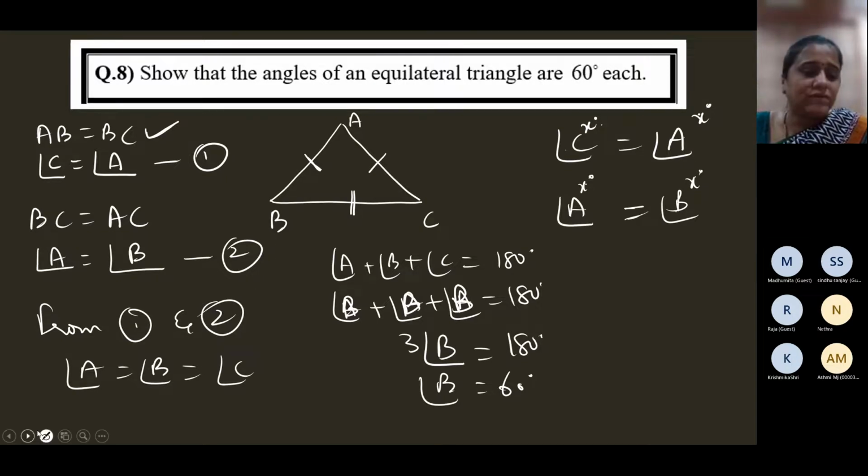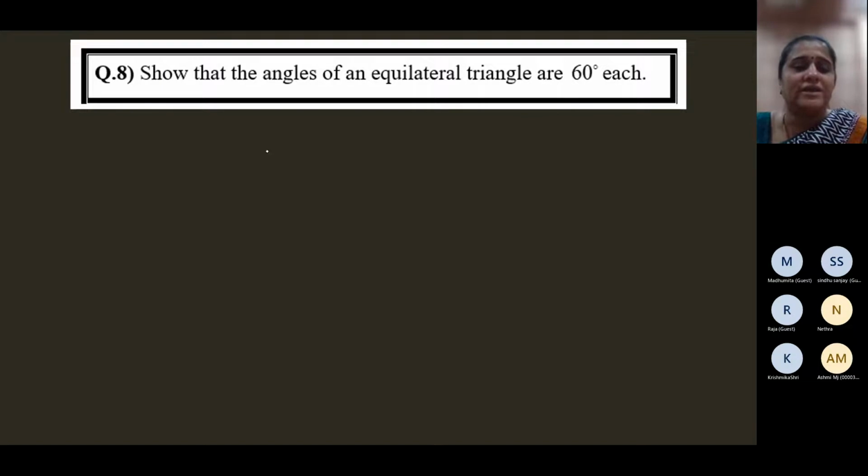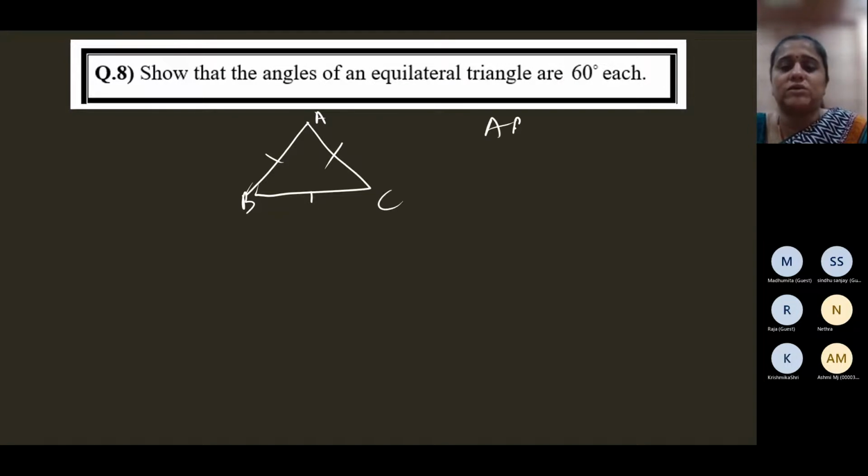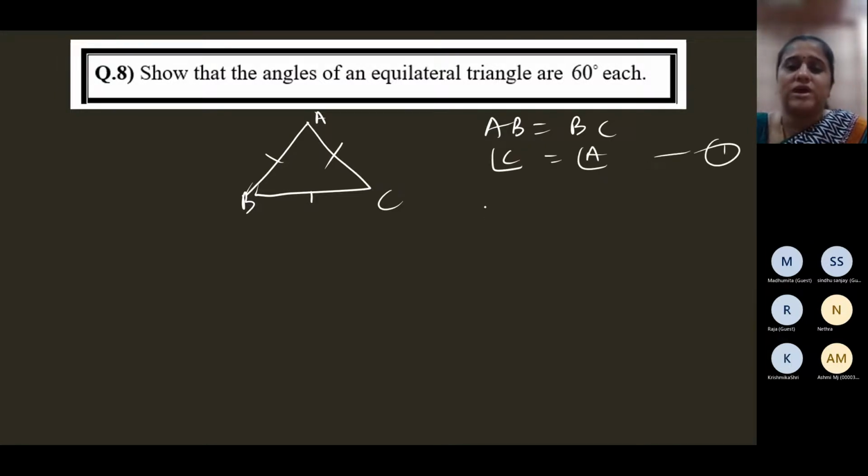Now you should write any two results. We know that AB is equal to BC. So you all said opposite to AB is C, BC is A. This is one result. You can also write AB is equal to AC.